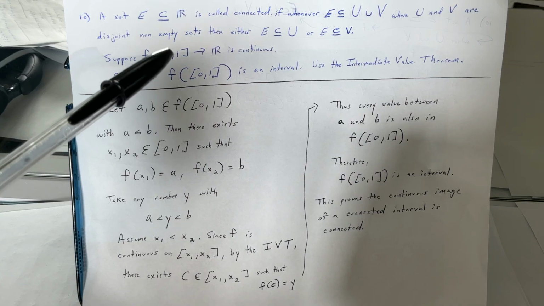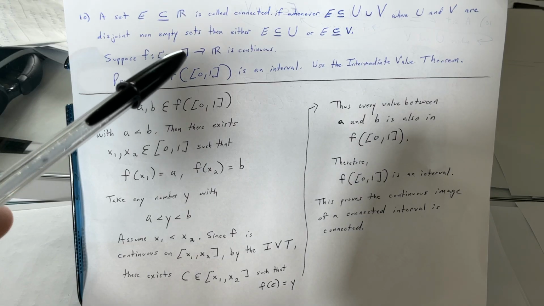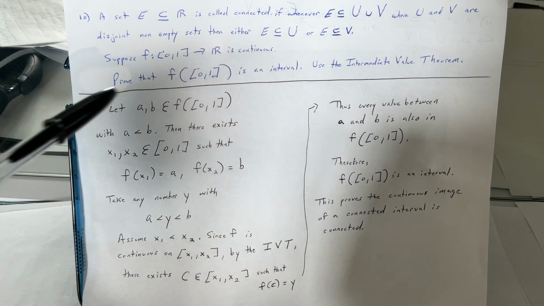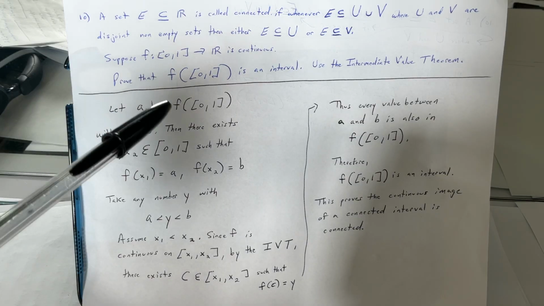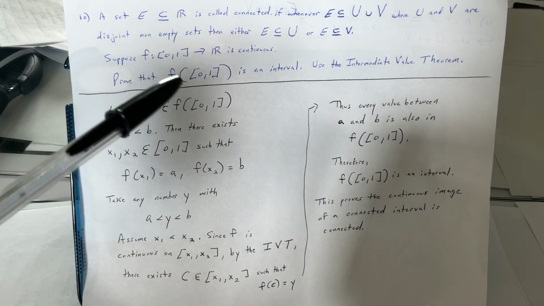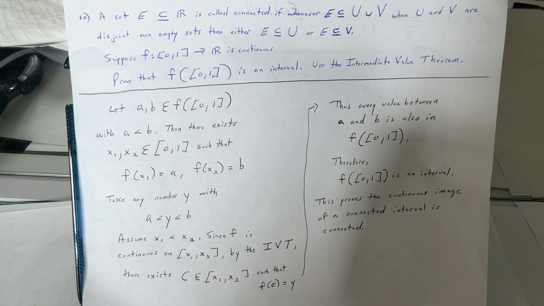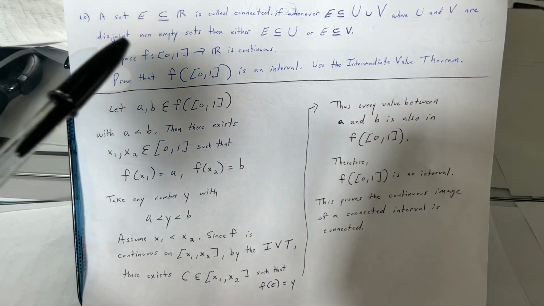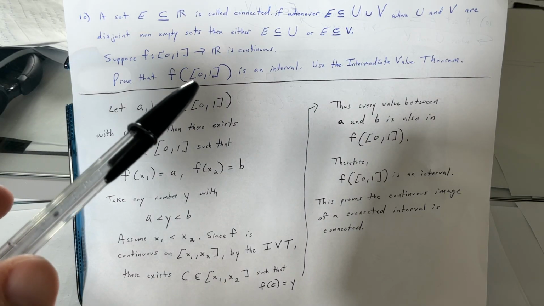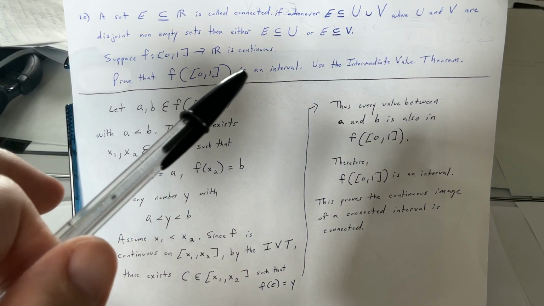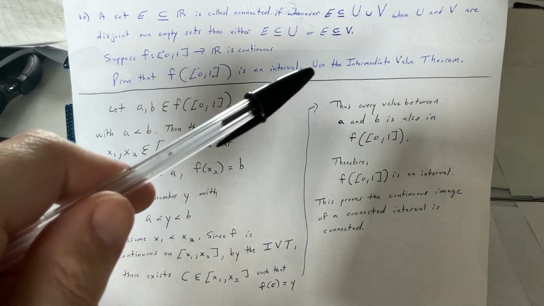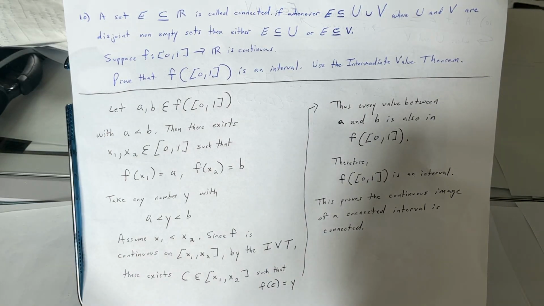Let's see. F on the interval 0 to 1 to R is continuous. Prove that the image set, F of the interval 0 to 1, is an interval. Use the intermediate value theorem.